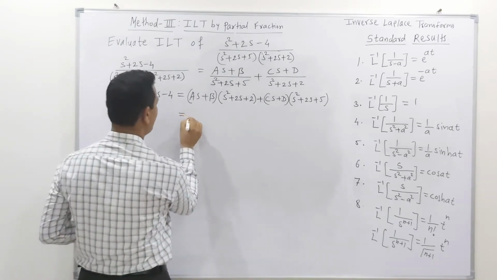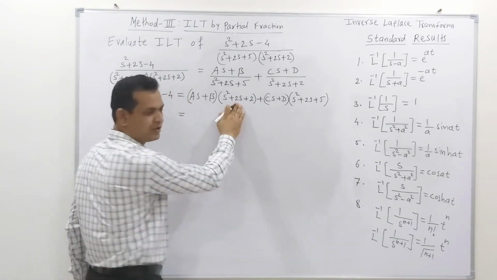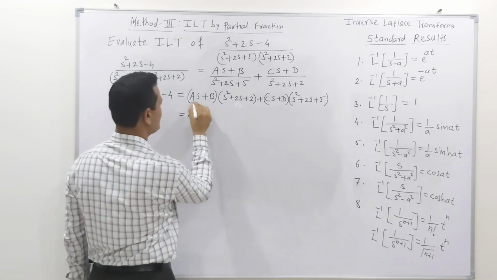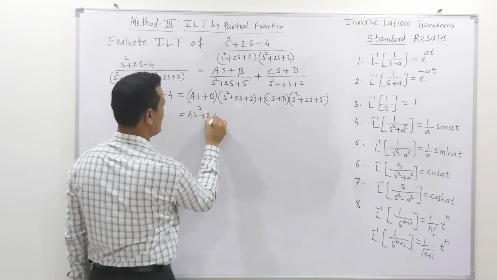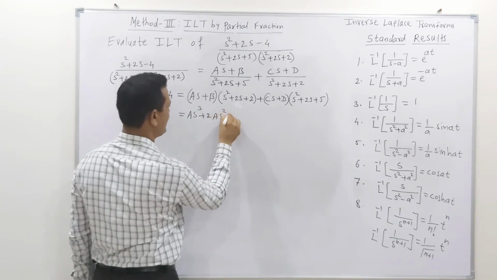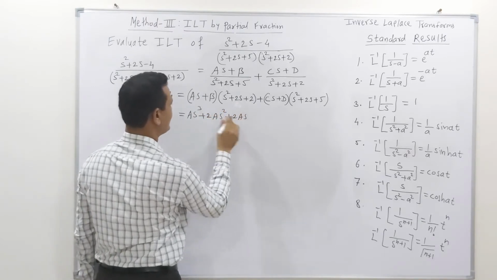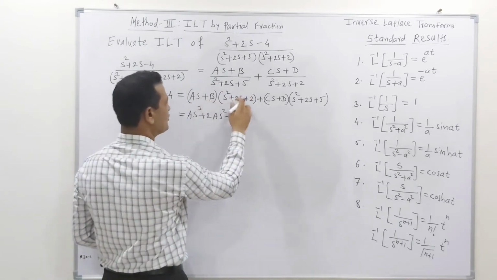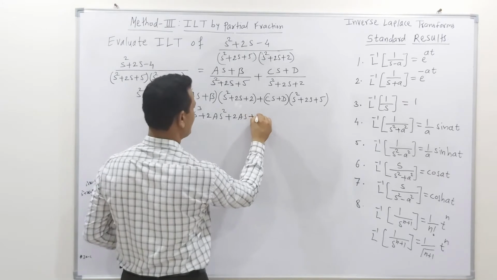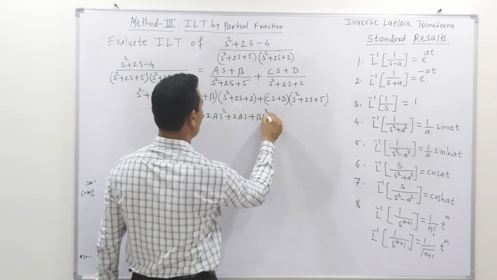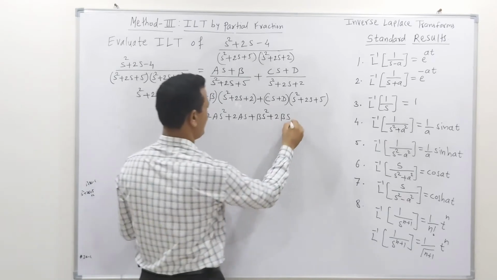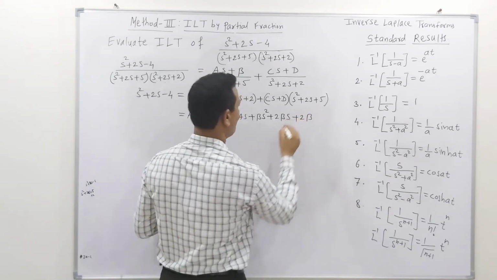Take the multiplication of these two terms: we get a s cube plus 2a s square plus 2as after multiplying as to the second bracket. Now multiply b to the second bracket, we get b s square plus 2bs plus 2b.